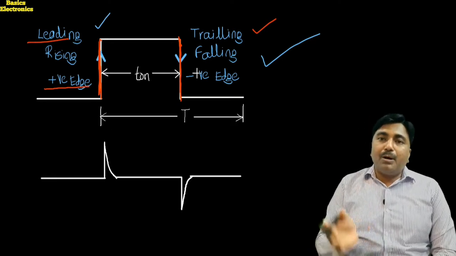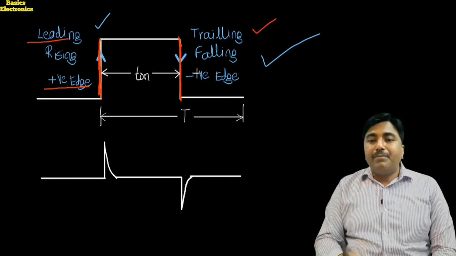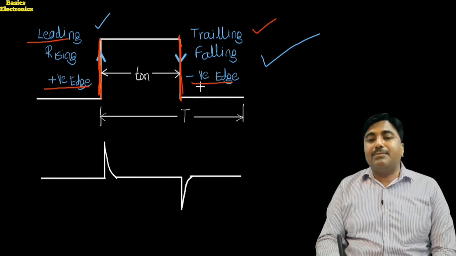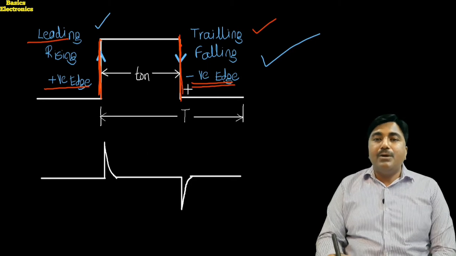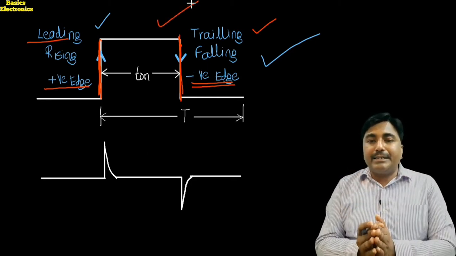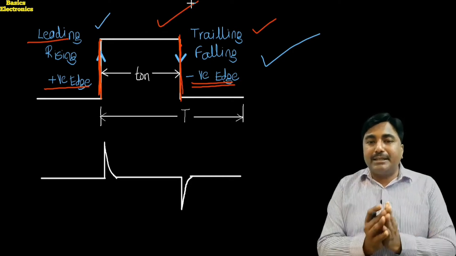When the flip-flop changes its state during this one time instant, this is what we call the negative edge triggering of the flip-flop. Negative edge triggering and positive edge triggering.